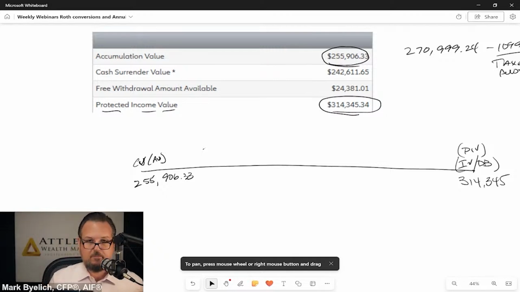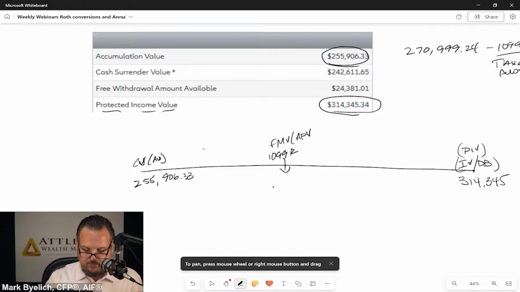So this person wanted to convert. It made sense for them to convert $270,000, or $271,000 in this case. So their conversion amount is the 270. So that's the 1099 amount. And that's going to be your fair market value based on your actuarially present value.